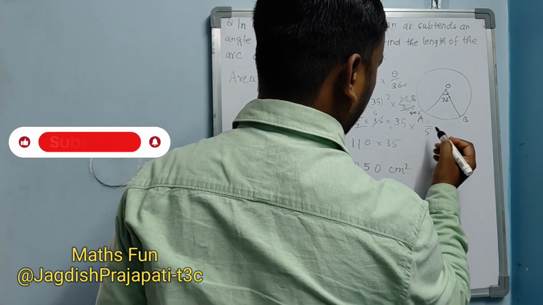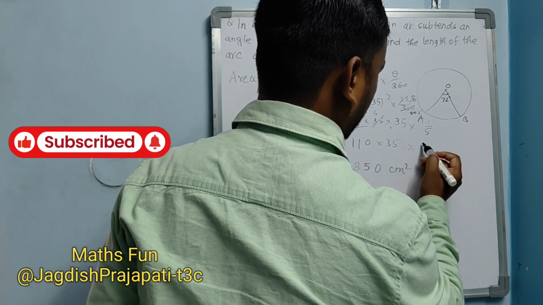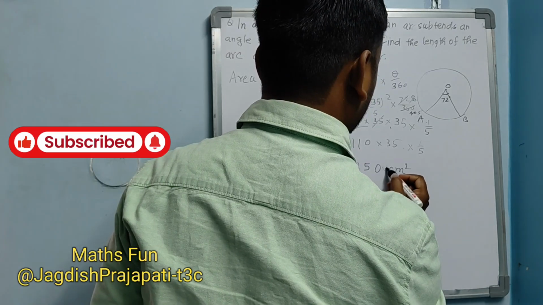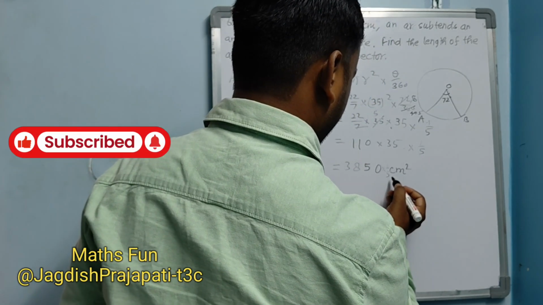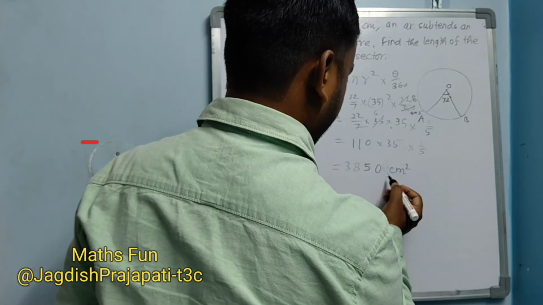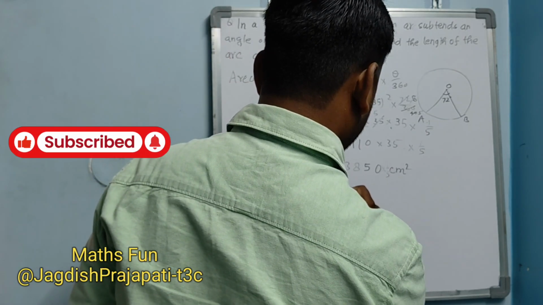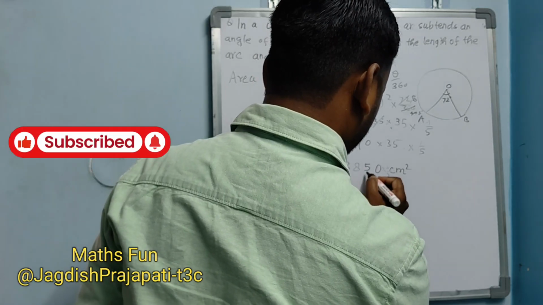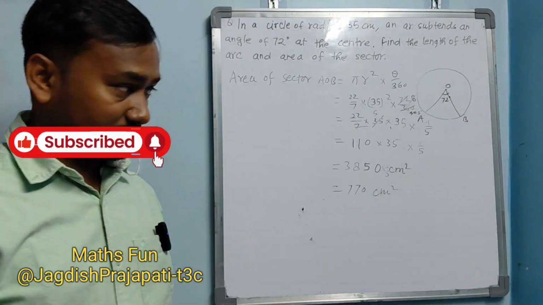So this is 1 by 5 into 1 by 5. 5 7s are 35. 3 5 7s are 35. This will be the answer, 770.